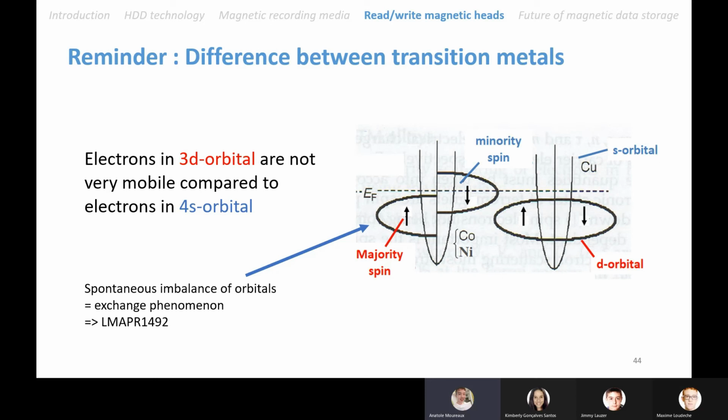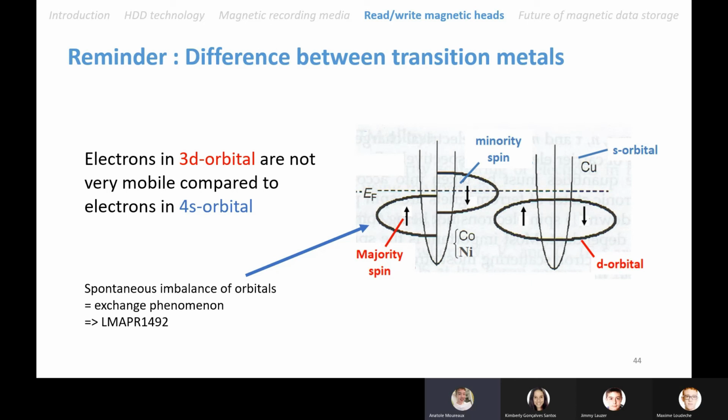On the other side, for iron, cobalt and nickel, the conduction electrons are from the 3d orbital. It is also important to know that conduction electrons in the 3d orbital are less mobile in terms of conductivity than those in the 4s orbital.